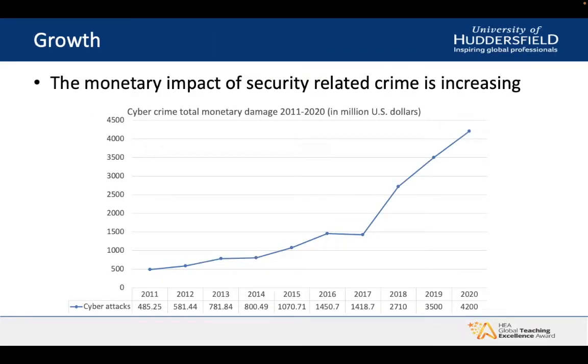Furthermore, just to add some more emphasis, we see that cyber attacks are increasing, but one of the reasons why they're increasing is because of the monetary impact. This is one significant concern globally, that the monetary impact of cybercrime or cyber-related attacks is growing significantly.